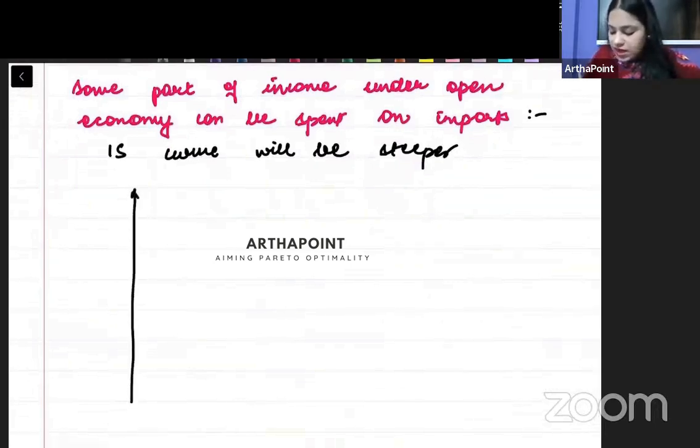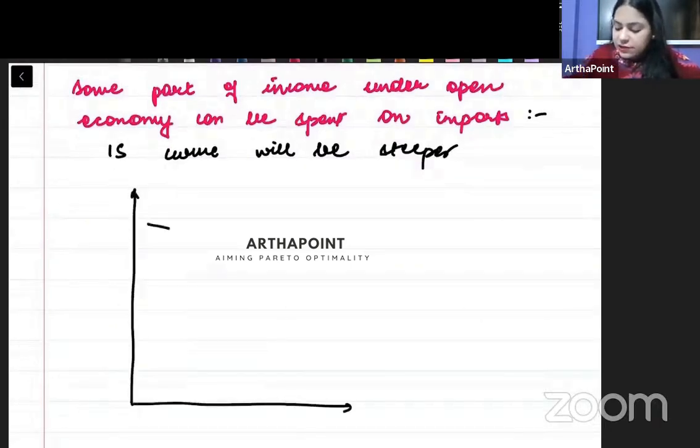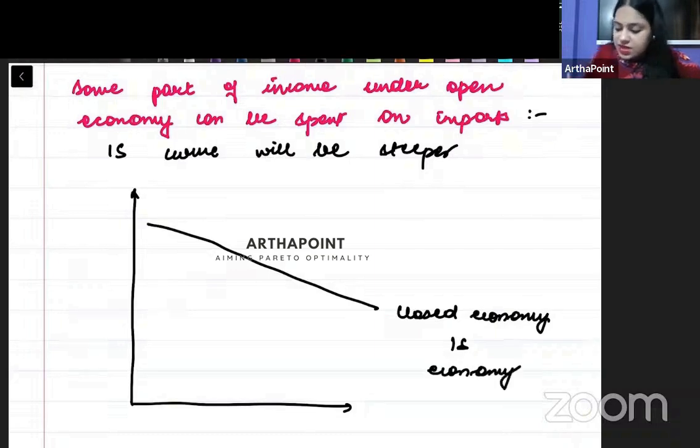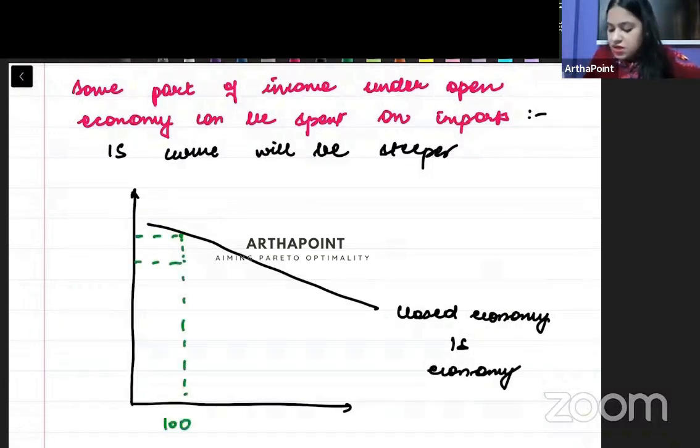So I can go ahead and say कि if this represents a closed economy IS curve, where I am saying that suppose interest rate decreased. Earlier I was spending 100 rupees, now I will be spending 200 rupees on domestic goods.